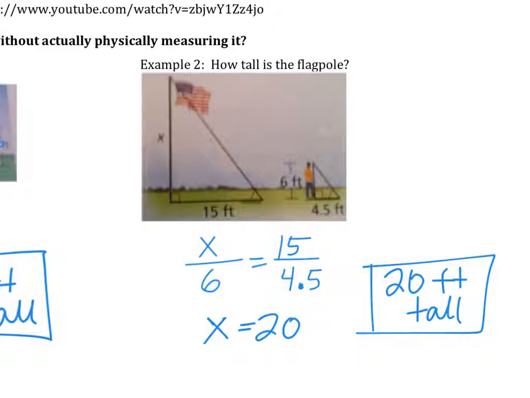For example, 2, you should get 20 feet tall. Move on to the next 2 whenever you're ready. And if you get completely done and you're confident in your answers, you can go ahead and do your assignment.